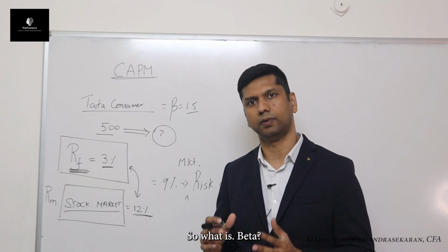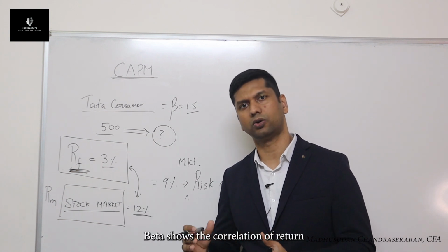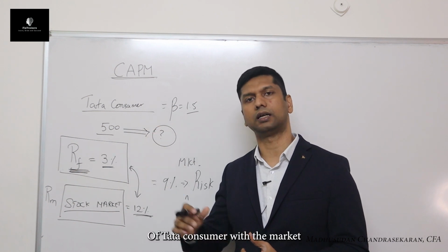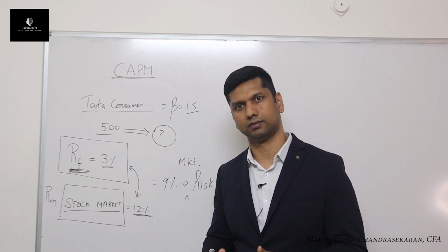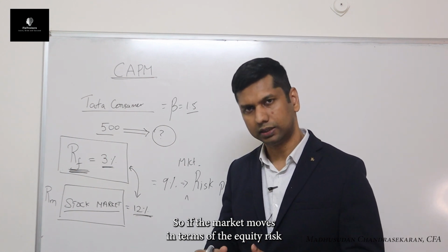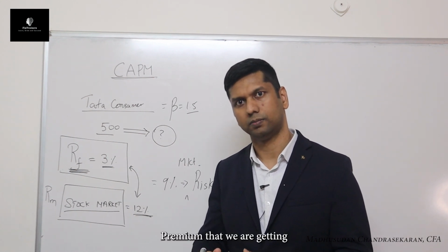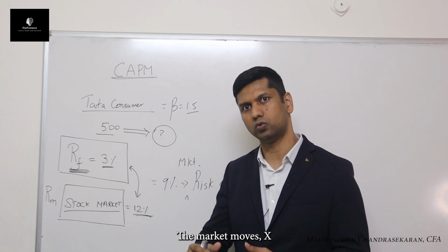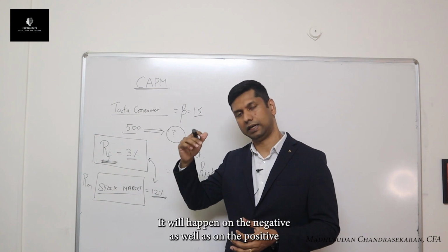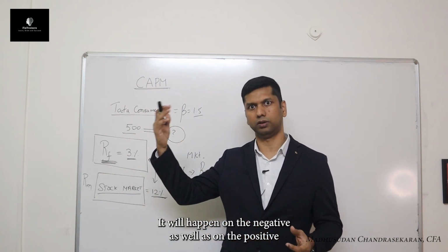So what is beta? Beta shows the correlation of the return of Tata Consumer with the market. So if the market moves X in terms of the equity risk premium that we are getting, Tata Consumer will move 1.5x. It will happen on the negative as well as on the positive.